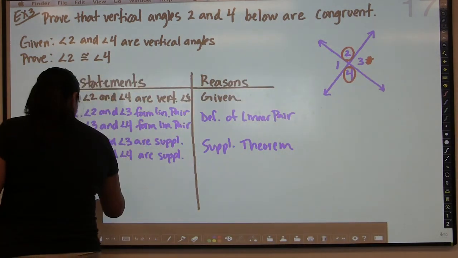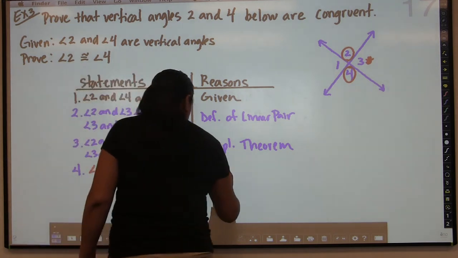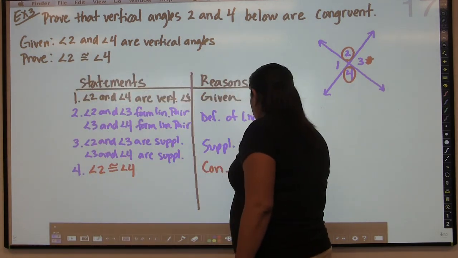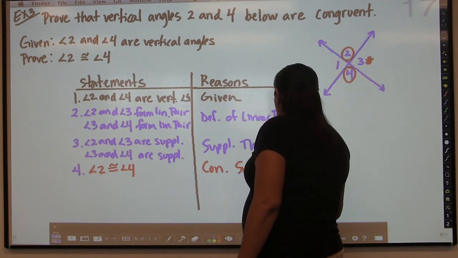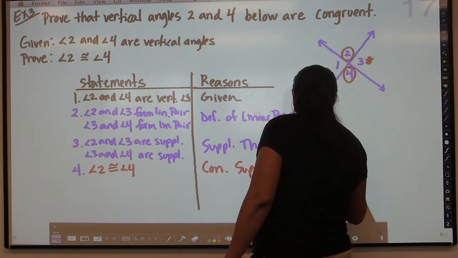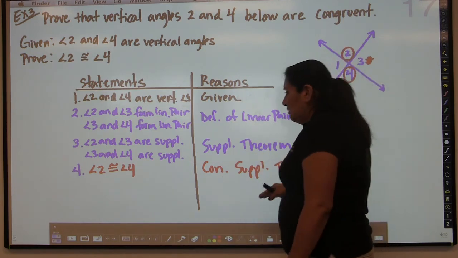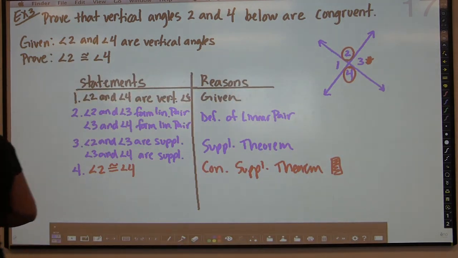So our last step: angle 2 is congruent to angle 4 because of the congruent supplements theorem. Not the same theorem as the one before. That was just the supplement theorem, but now we're talking about the congruent supplements theorem. All right, and that is how you can use that theorem to prove more things.